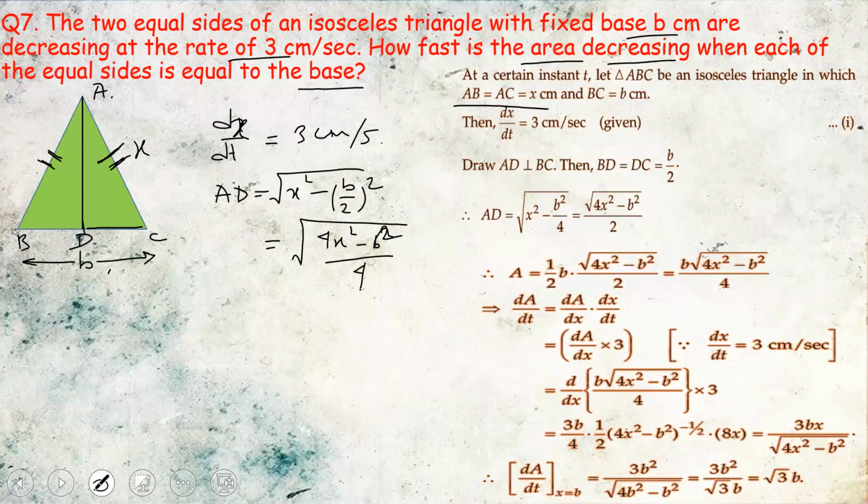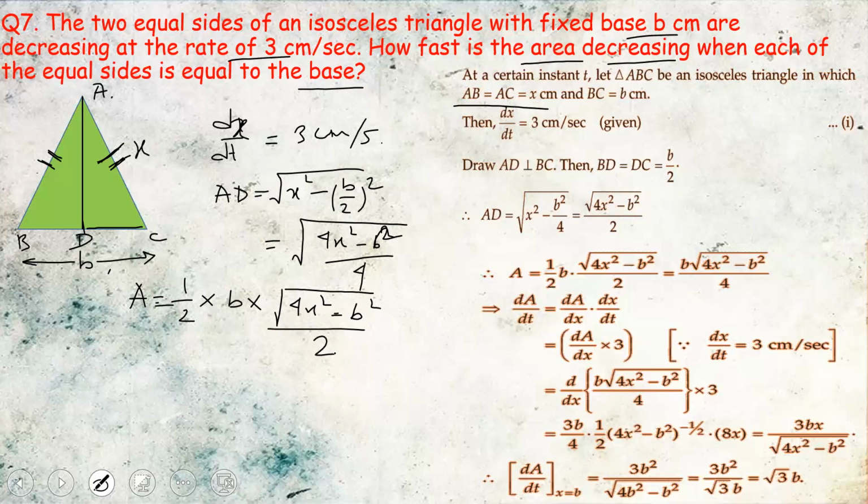So now you need to find the area. The area is half into base into height, that means AD. So here it is B into root over 4x square minus B square by 2.